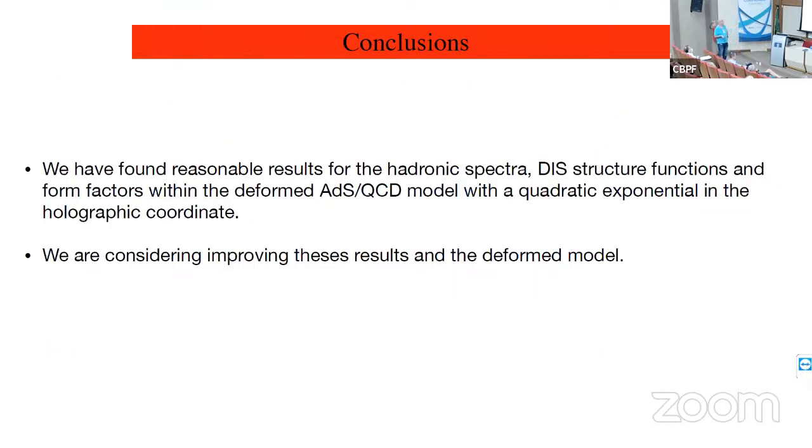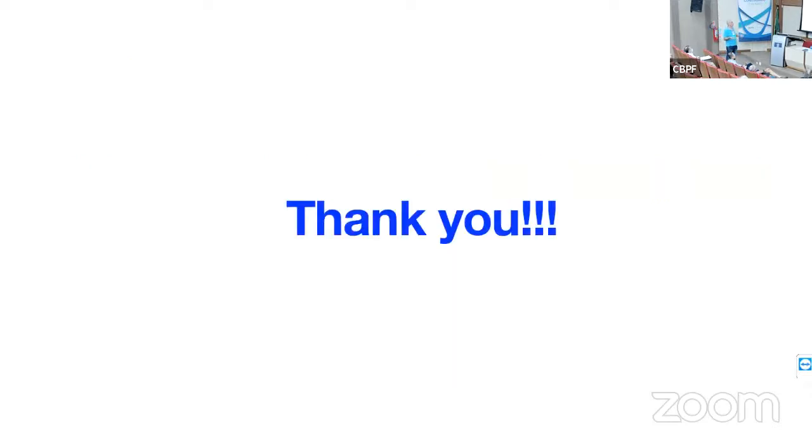So this is what I wanted to talk about. We are going to extend this to other situations, maybe the very interesting cases mentioned before. So that's it. Thank you.